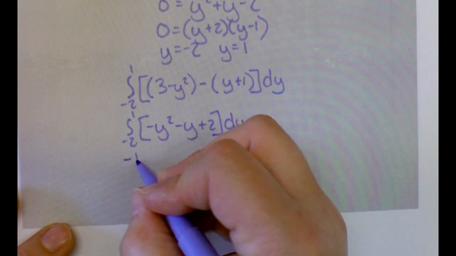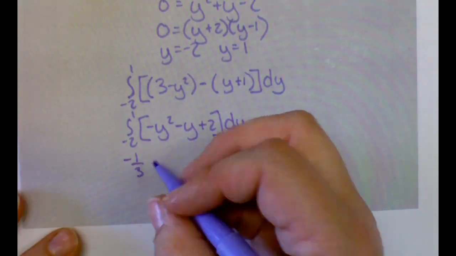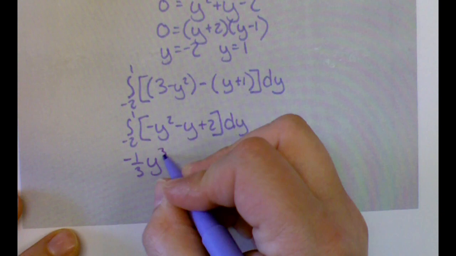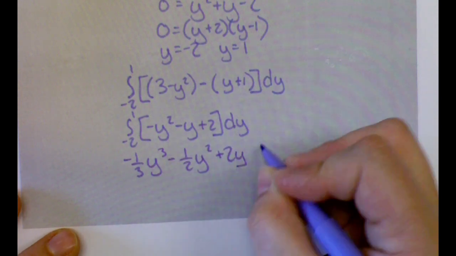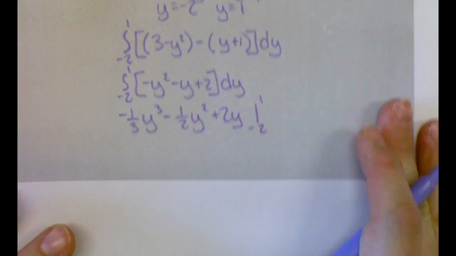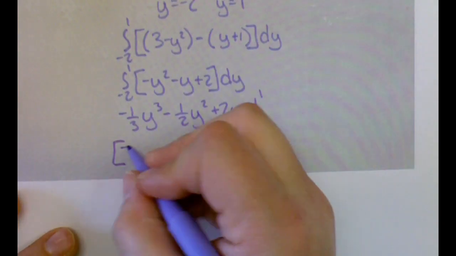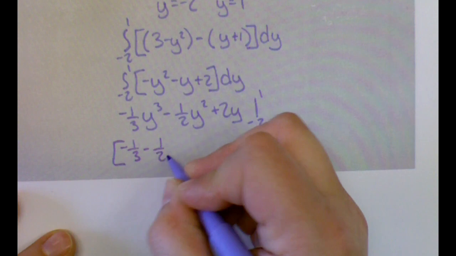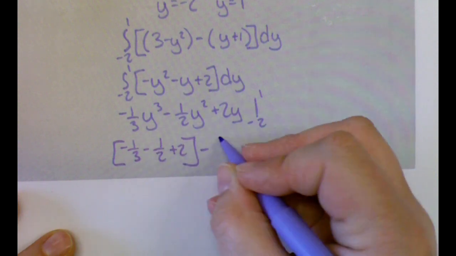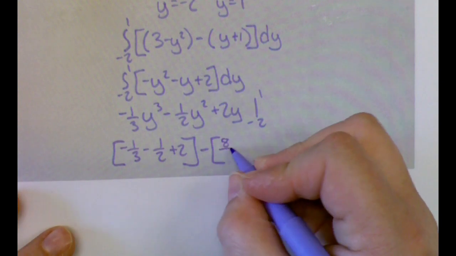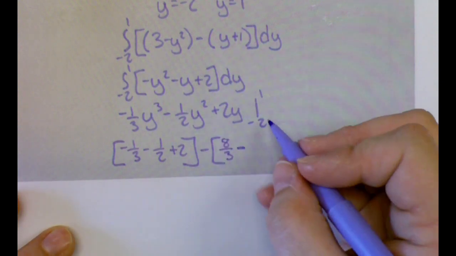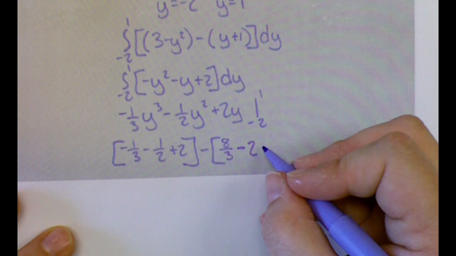And my indefinite integral would be negative 1/3 y cubed minus 1/2 y squared plus 2y, evaluated from negative 2 to 1. And we get negative 1/3 minus 1/2 plus 2 minus positive 8/3 minus 4 over 2 is 2 minus 4.